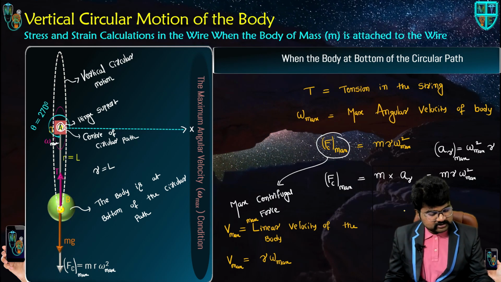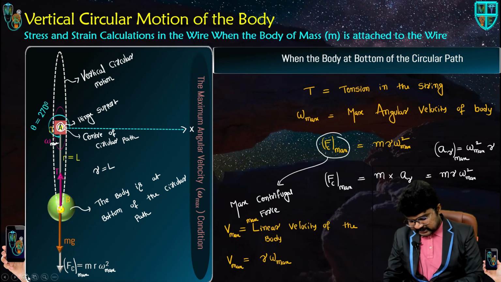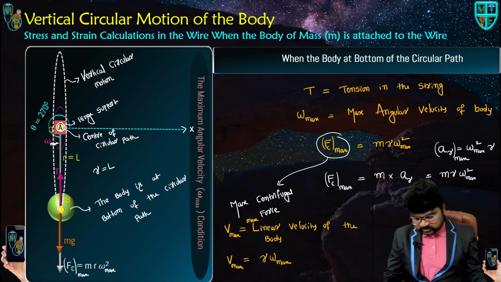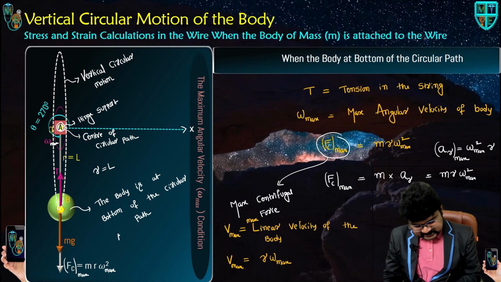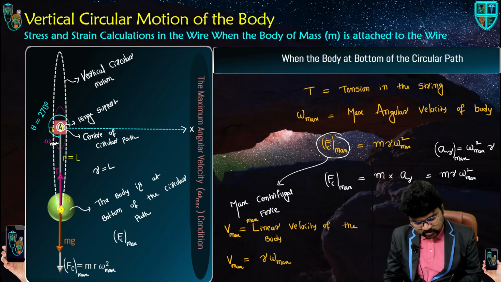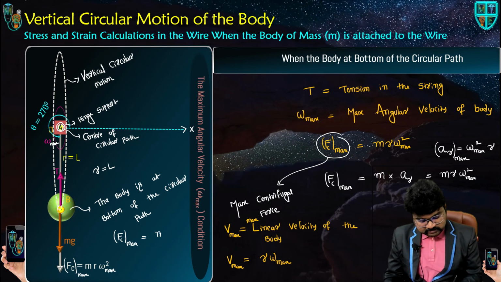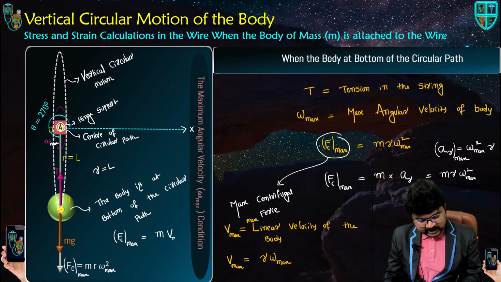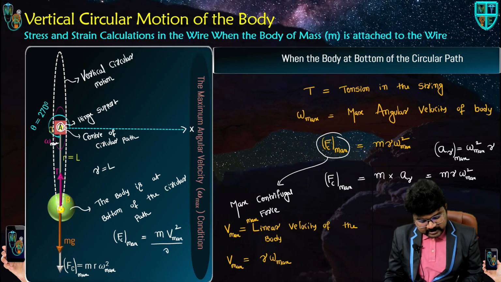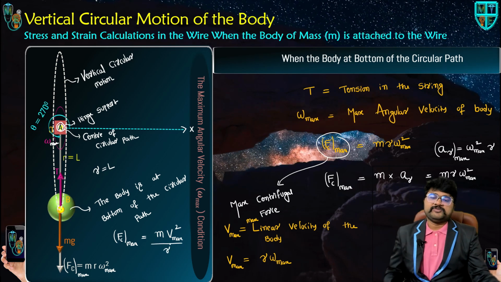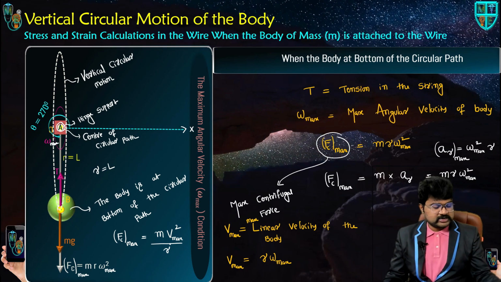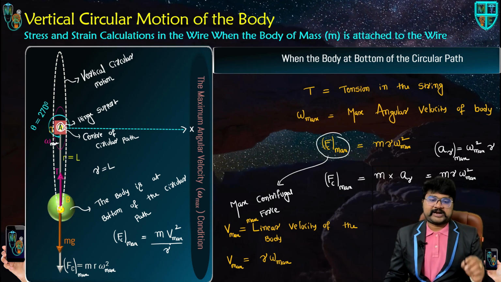So from that you can write Fc maximum equal to m times V maximum square by r. Understood na? So it is very simple to write.